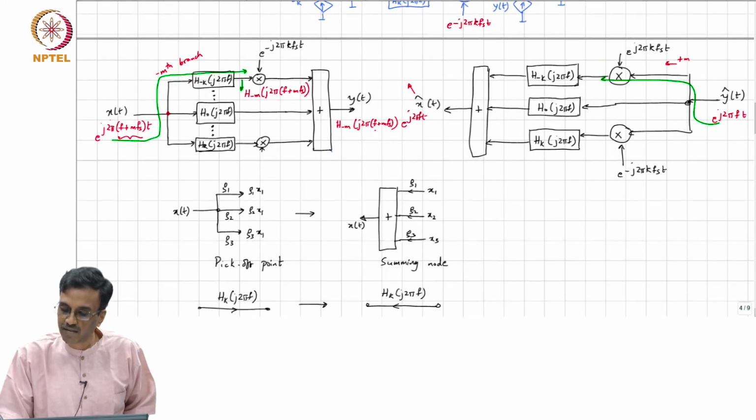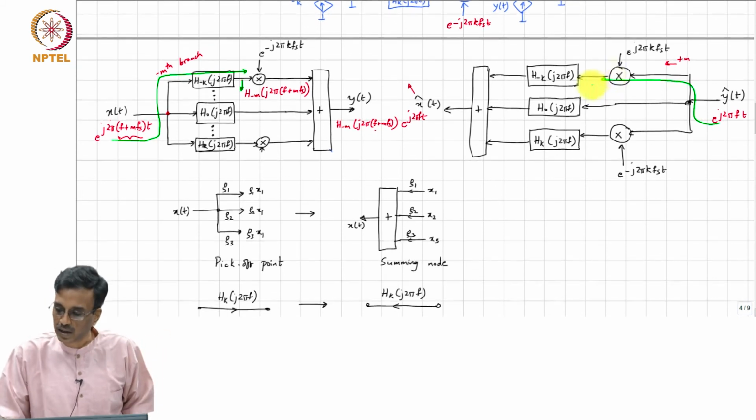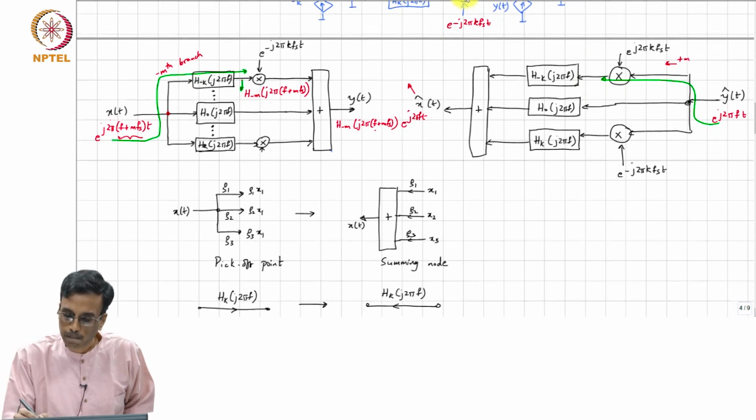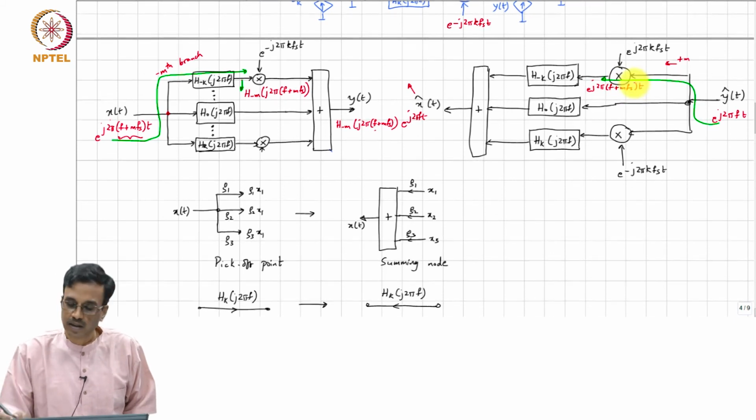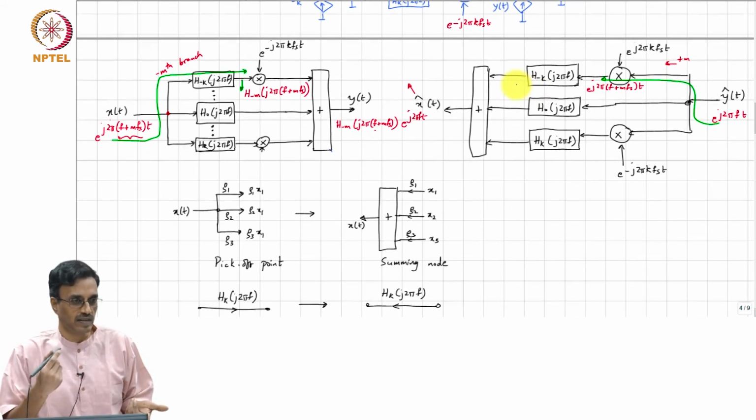It is first getting frequency translated. So, that will give you e to the j 2 pi f plus m f s times t, and is then processed by a filter whose transfer function is h minus m of j 2 pi f.